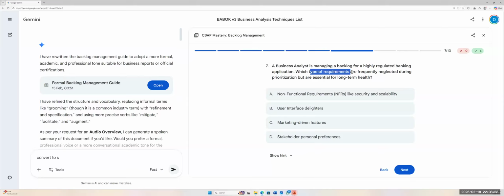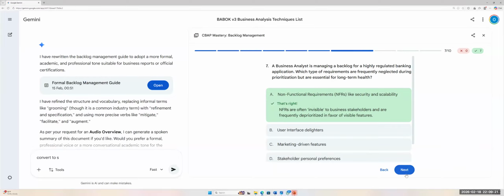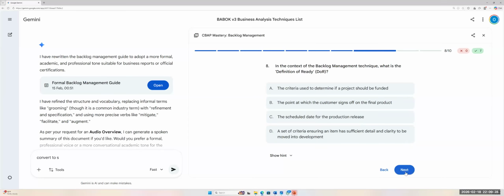Which type of requirements are frequently neglected during prioritization, but are essential to long-term health? All right, most times, NFRs are always coming last, right?